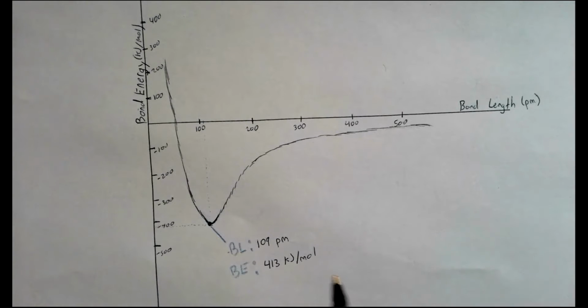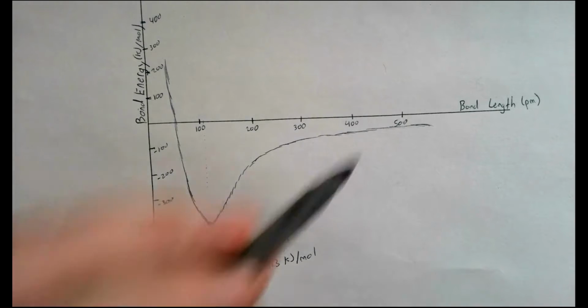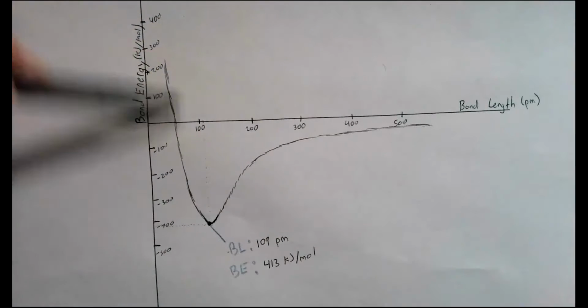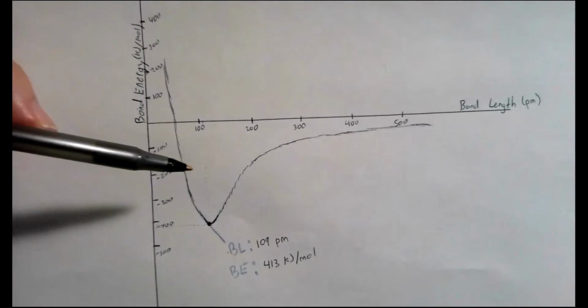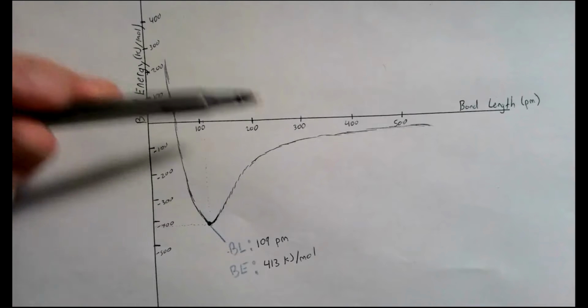And then the final thing is to indicate regions of attraction, stability, and repulsion. Now, I'm not actually going to show you guys this part because I'm really interested to see how you do that, how you give an attempt at showing which part of this curve is attraction, which part is stability, and which part is repulsion.